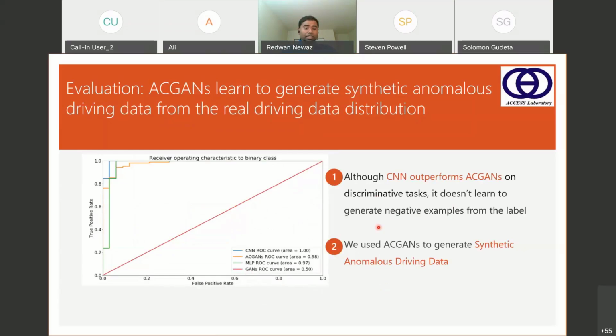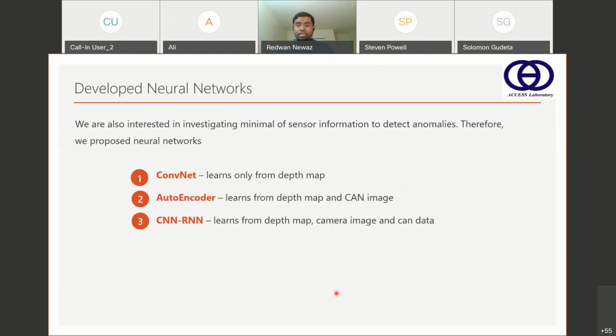Therefore, we are interested in ACGAN, which has moderate performance, but it learns how to generate synthetic anomalous driving data. We are also interested in investigating the minimal sensor information needed to detect anomalies. Therefore, we proposed several neural networks that consider three types of sensor information, primarily surrounding environment, driving data, and history of driving data, and so on.